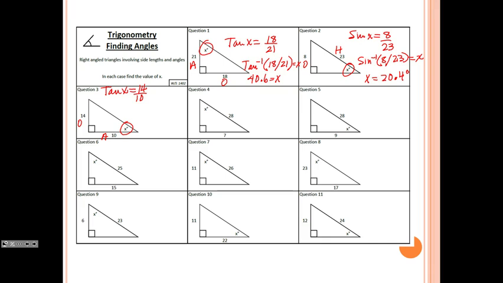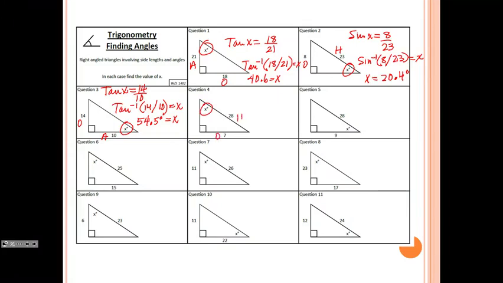So hit second tangent or shift tangent, and then 14 divided by 10. So tangent -1 of 14 divided by 10 equals x. I'm going to round to the nearest tenths, 54.5 degrees.